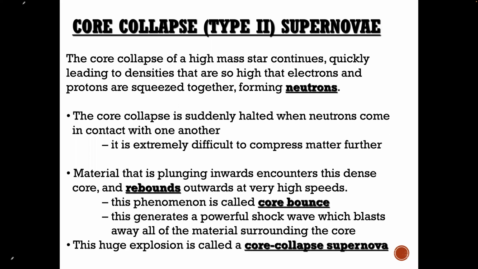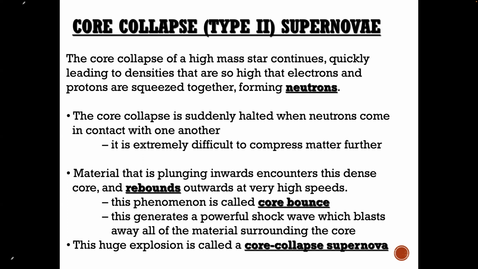And because of this violent phenomenon, we call this a core bounce. And powerful shock waves will be generated, and this will blast away all of the material surrounding this core. So at the end, this explosion is called the core collapse supernova or type 2 supernova.